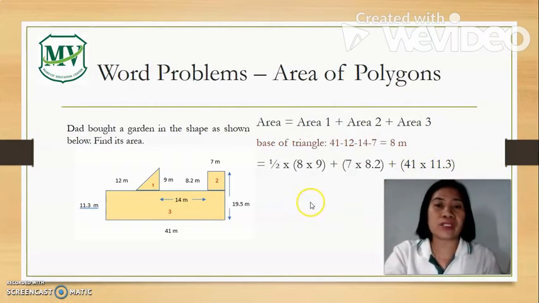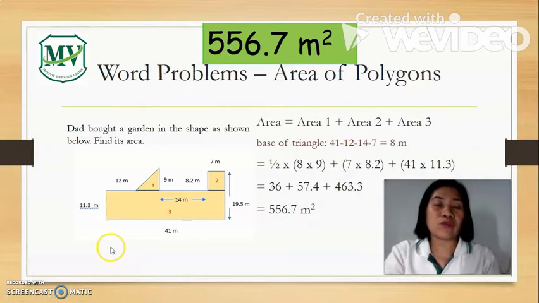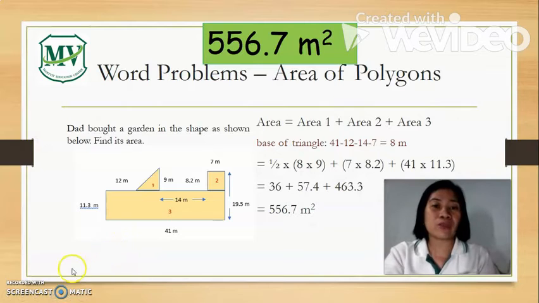To simplify, that would be 36 plus 57.4 plus 463.3. The sum of all the areas is 556.7 square meters. So the area of this figure is 556.7 square meters.